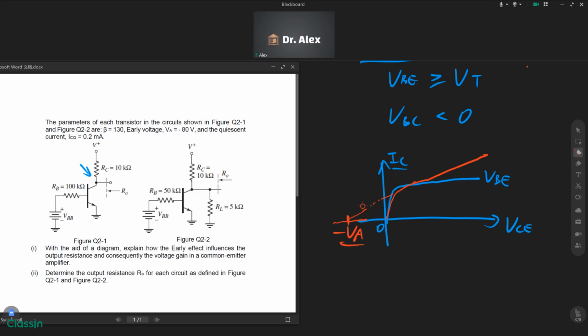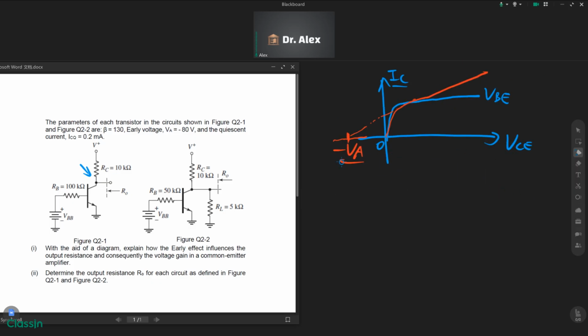Early voltage comes from the fact that when we increase the voltage, the depletion region between base and collector becomes bigger and bigger, which causes some effect. That's the basic idea; you don't need to know more.